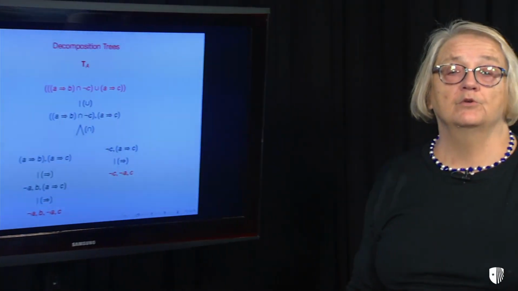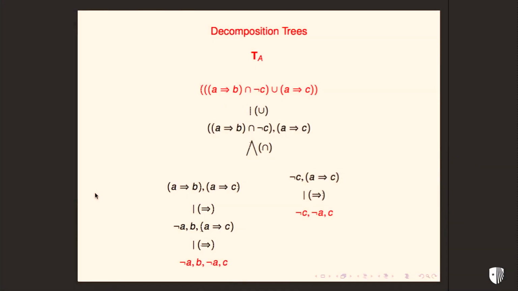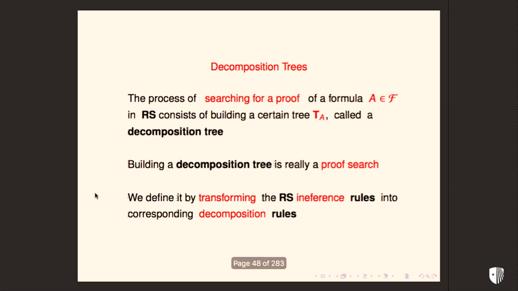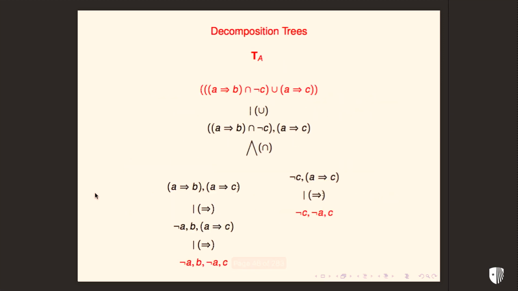You decompose a formula, and this is a decomposition tree which is not a proof, because that is not an axiom. And because your decomposition tree is unique, if you get a non-axiom, it means that the proof does not exist.